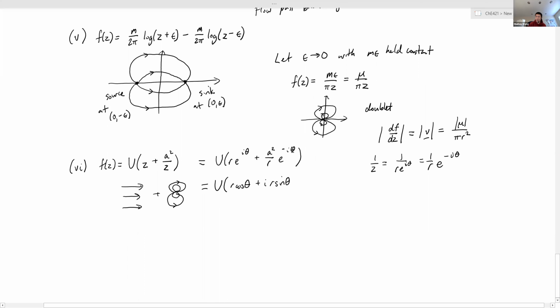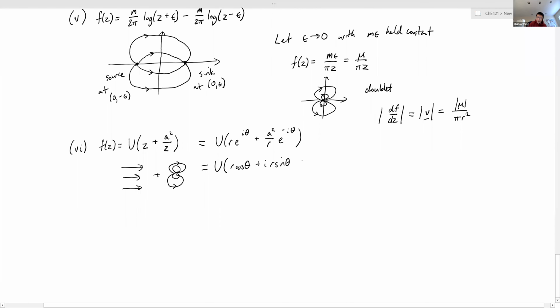I'll erase that so I don't confuse anyone who's looking at the notes later on. And this is just because e to the i theta is cosine theta plus i sine theta.